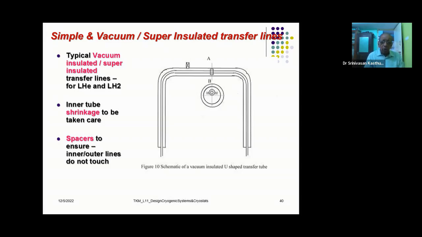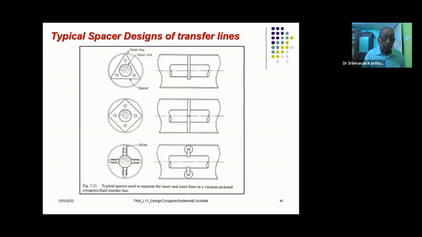If they touch, then what happens? There is a shorting, and because of that, heat transfer will be very high from the outer pipe to the inner pipe. So a large loss of cryogenic fluid will be possible. Many times you also require a spacer. Typical spacers are required in between so that the inner line does not touch the outer line.